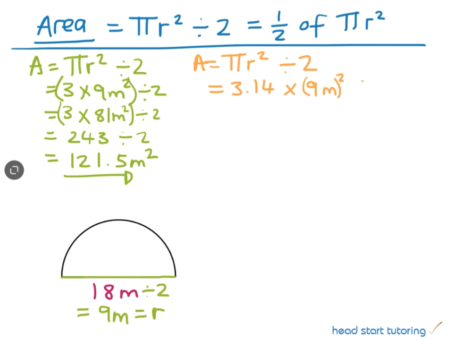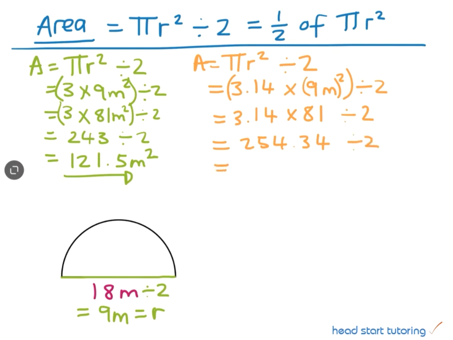We do that, and we divide that by 2. So we're going to do that first. So we say 3.14 multiplied by 81 meters squared, divided by 2. And 3.14 multiplied by 81 gives us an answer of 254.34 meters squared divided by 2.